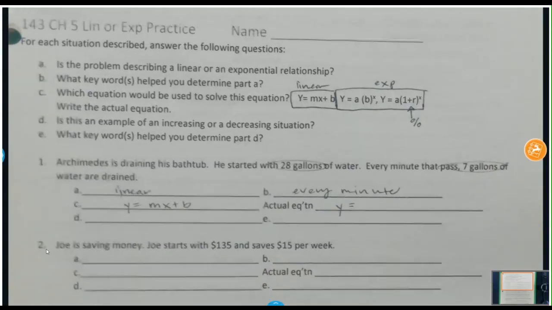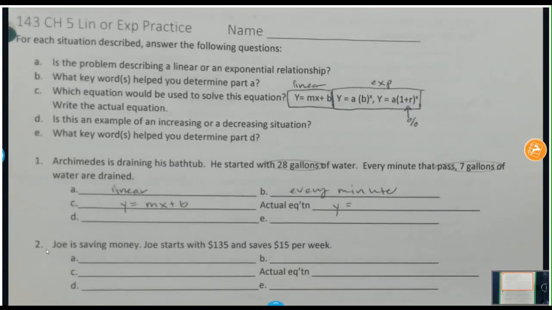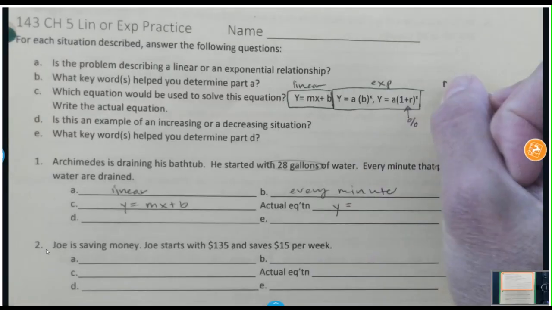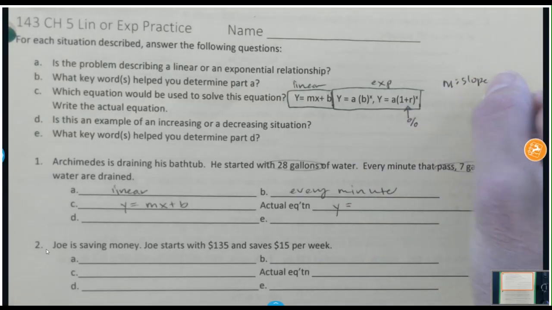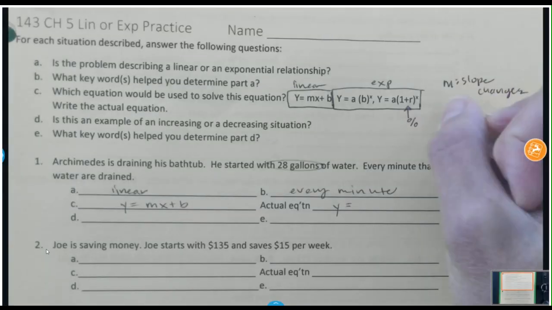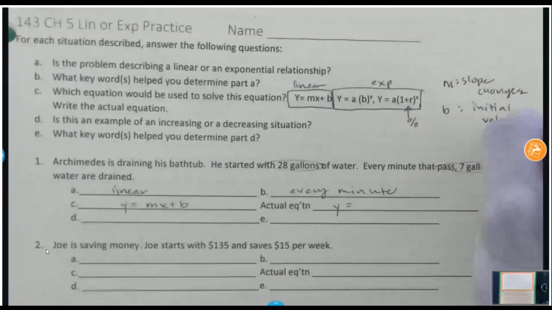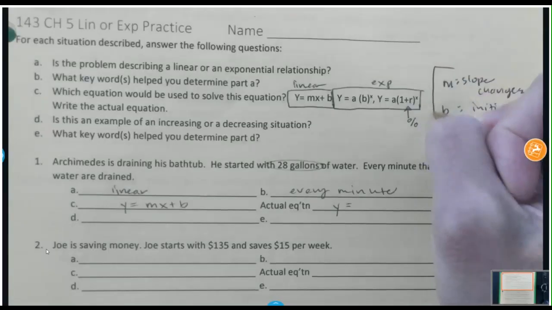Now, we learned the other day that m is the number that changes, okay? M is your slope, and it changes. And B is your initial value or your starting value, and it's also your y-intercept. So just remember this from our notes.